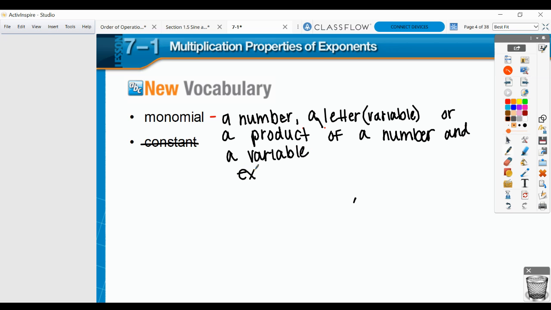So an example would be the number 5, the letter x, or 2x. And the vocabulary word constant is just a number.